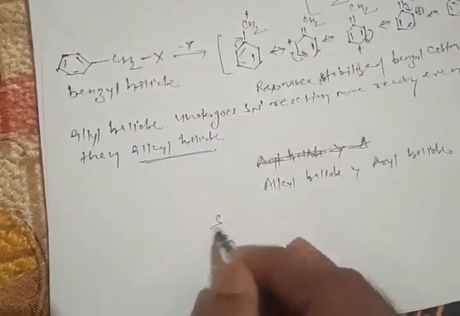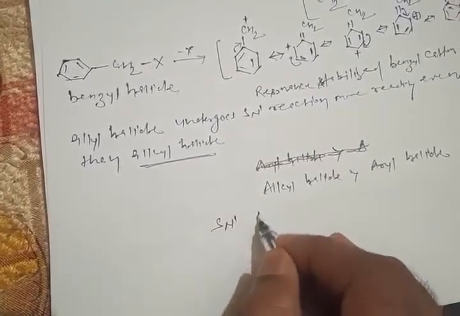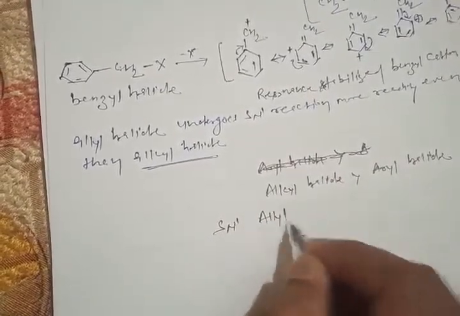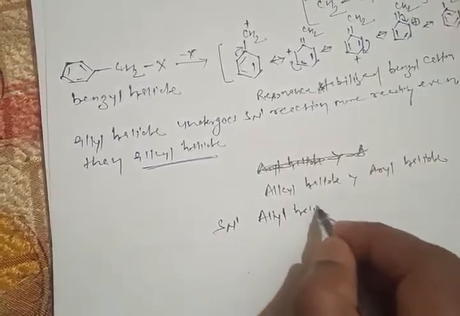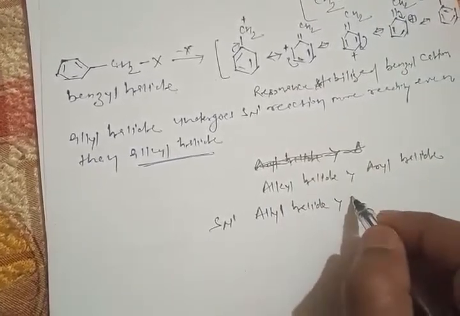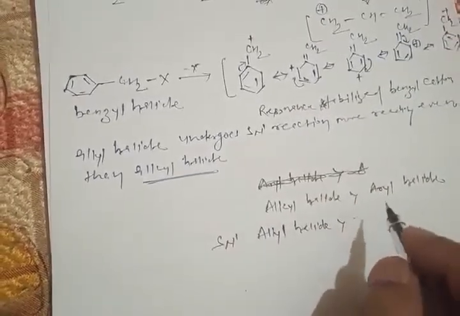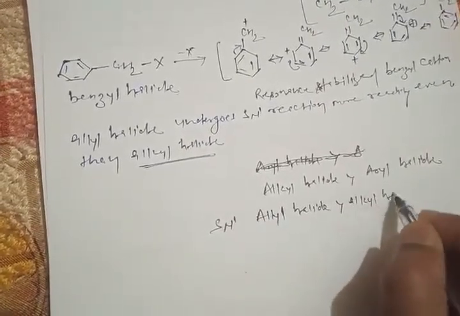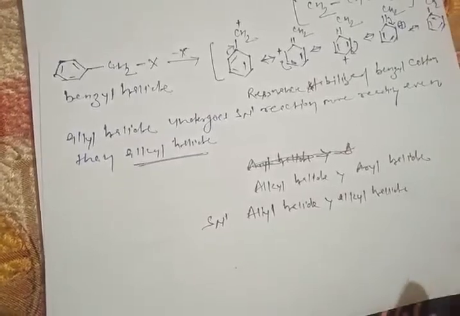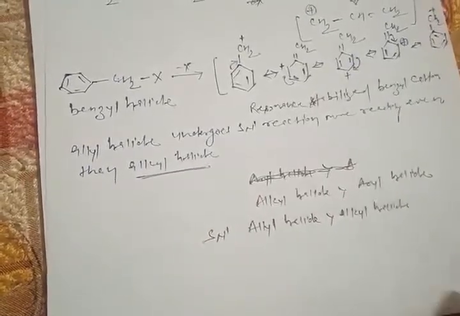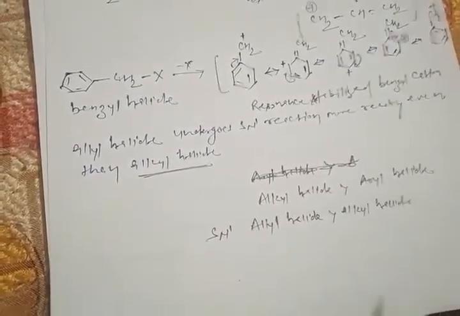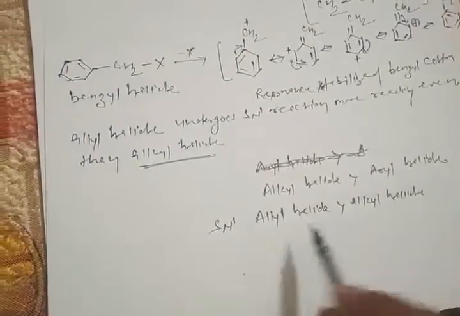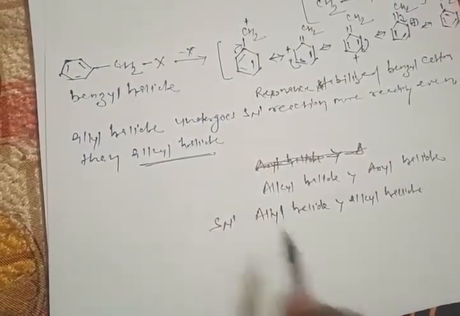So the order in case of SN1 is allyl halide, then of course tertiary, that means the alkyl halide, and vinyl and aryl will not go for that, so there is no need to write that.